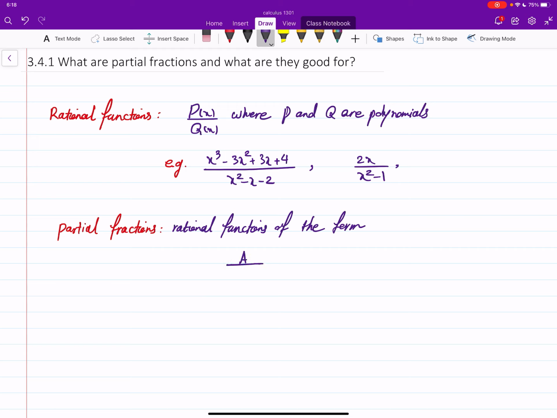When you have a number over ax plus b to the power j, or we have ax plus b in the numerator, and in the denominator we have ax squared plus bx plus c to the power j. Here a, b, c are constants, and j is a positive integer.